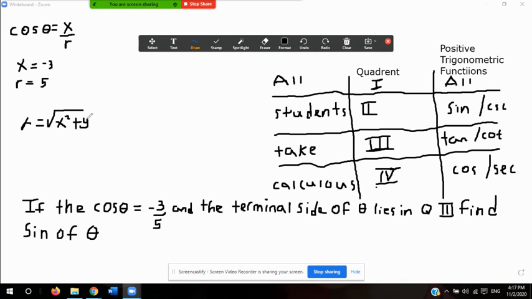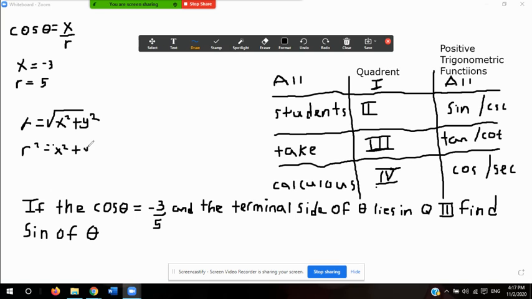This formula can also be rearranged as r squared equals x squared plus y squared.